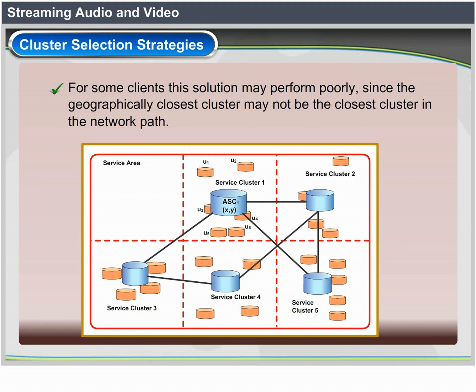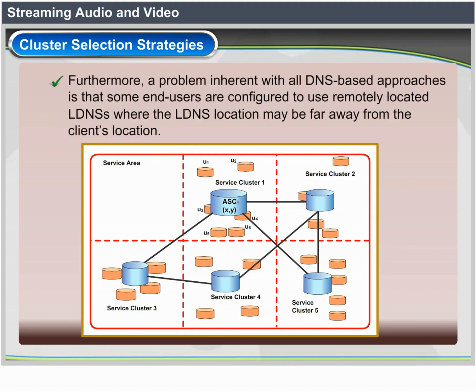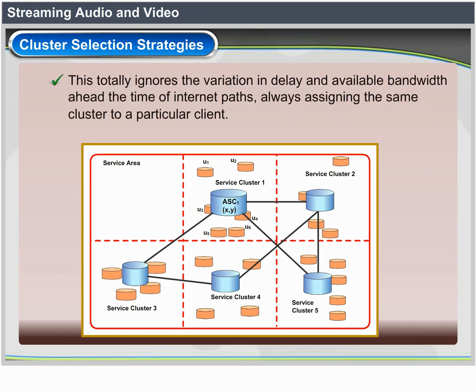Furthermore, a problem inherent with all DNS-based approaches is that some end users are configured to use remotely located LDNSs, in which case the LDNS location may be far from the client's location. This also ignores the variation in available bandwidth over time of Internet paths, always assigning the same cluster to a particular client.